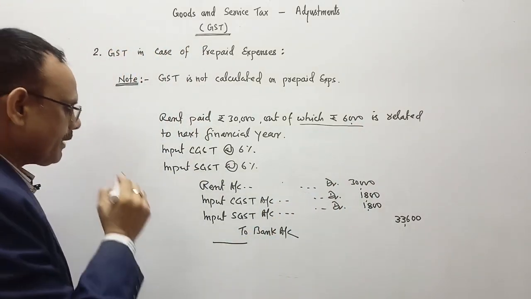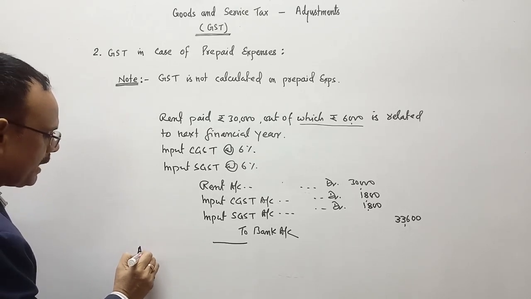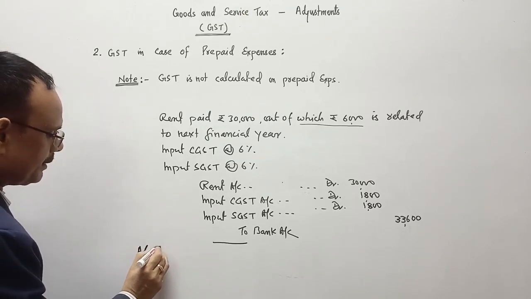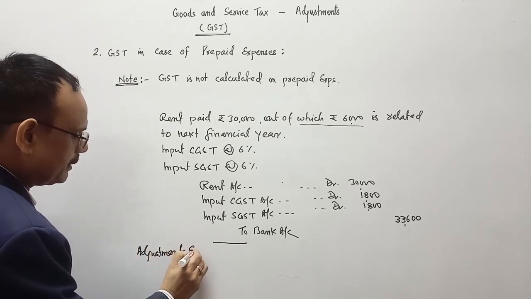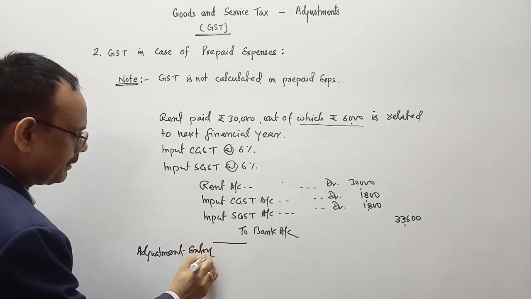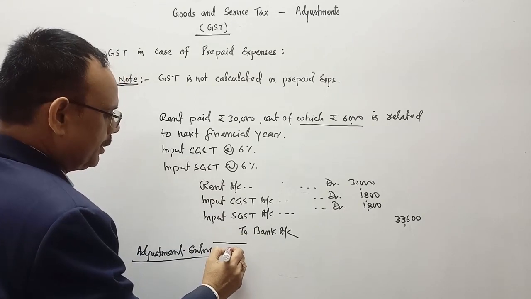So at the time of adjustment, when we do the adjustment entry, the entry will be very simple.